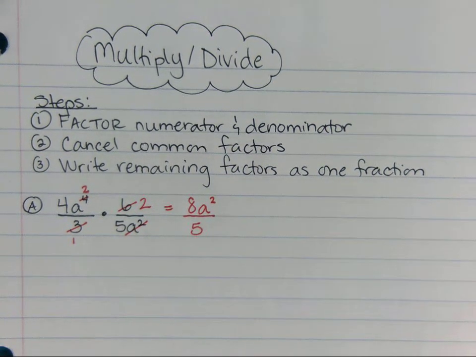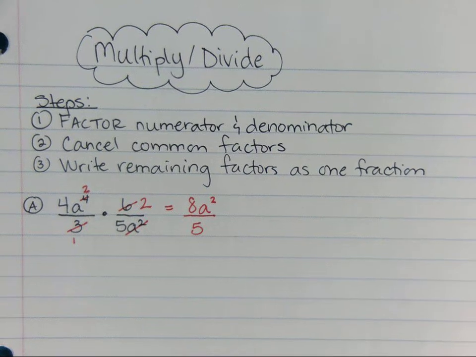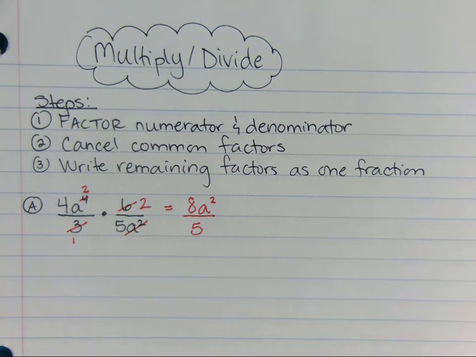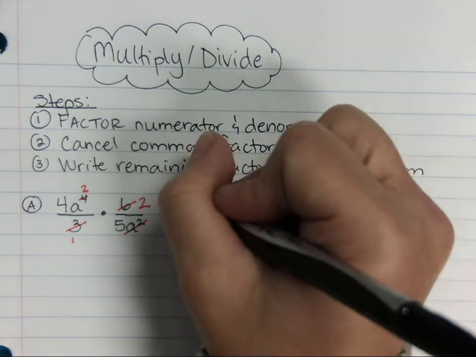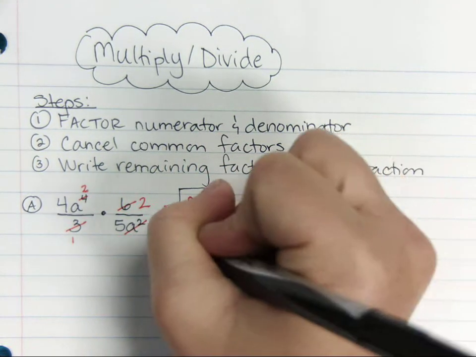Those are the only factors I have left. So that's what you're going to do when you see fractions like this, which have not just numbers but variables. You're just going to start simplifying either top and bottom of the same fraction or diagonally across fractions. And then you're done with that one.